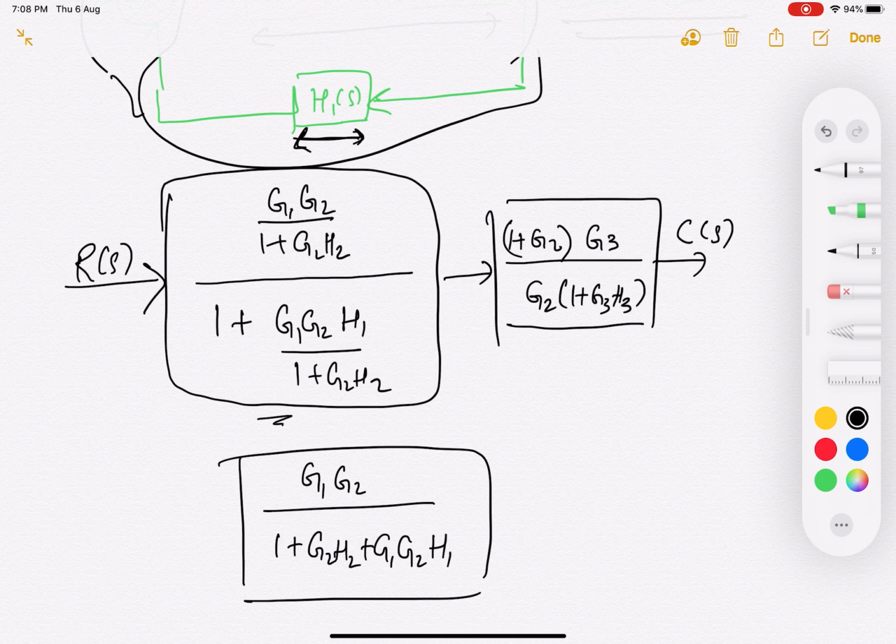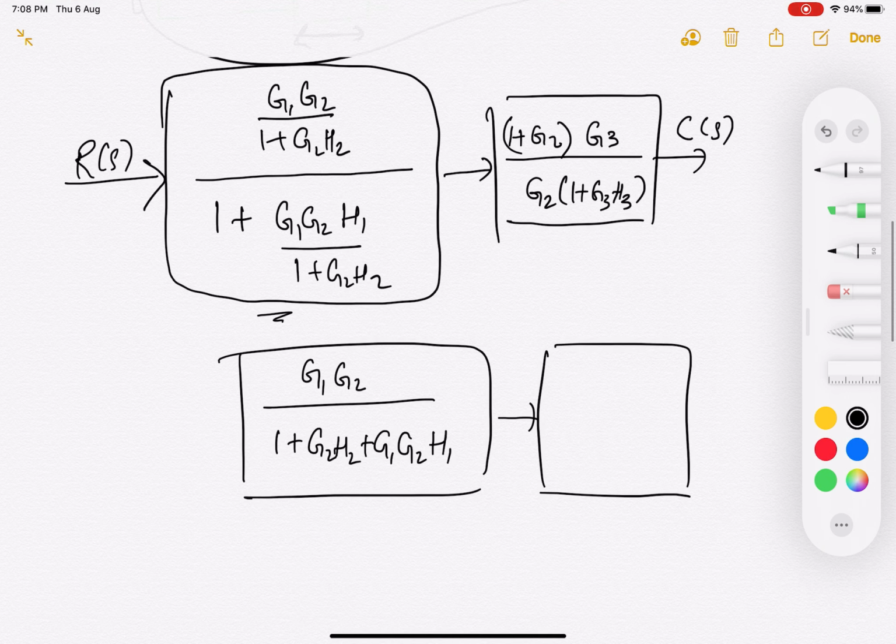The other block in cascade is 1 plus G2 into G3, divided by G2 into 1 plus G3 H3.